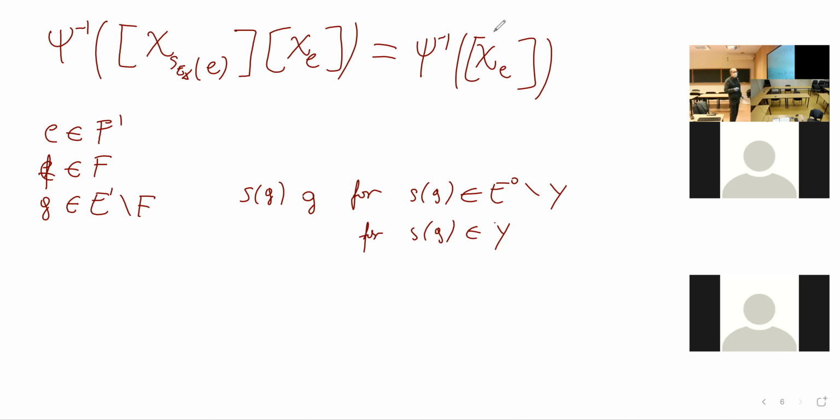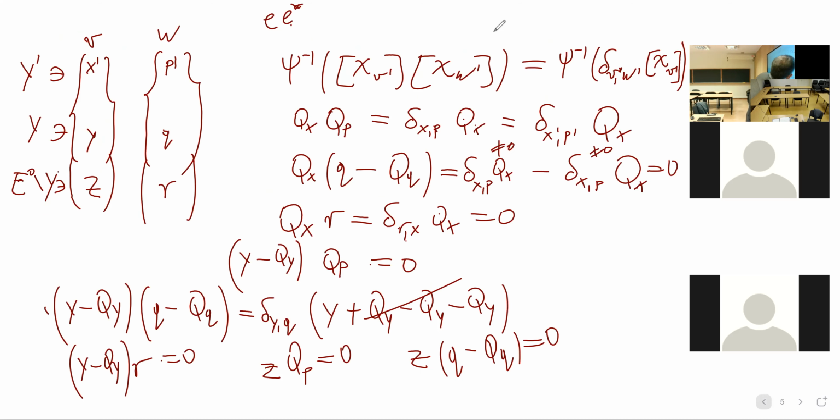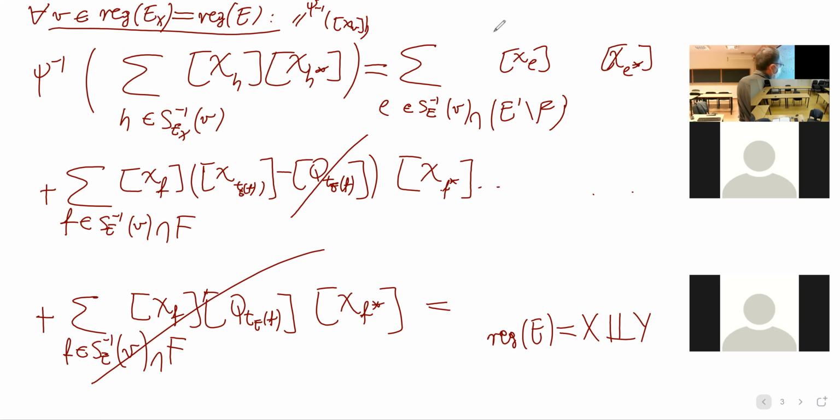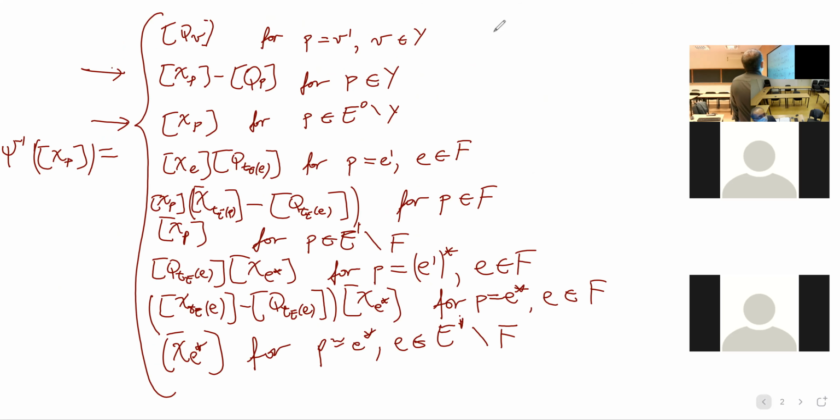Okay. So what happens? I have to look at the formula of what I do to a vertex which begins at Y. You see, that's the complication which we skipped when verifying the well-definedness of psi. Okay, so this is the second line. So I should write y minus qy.